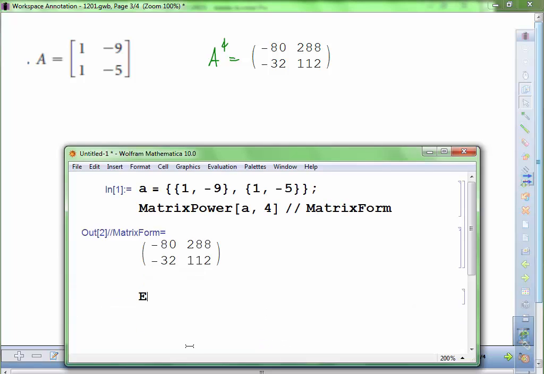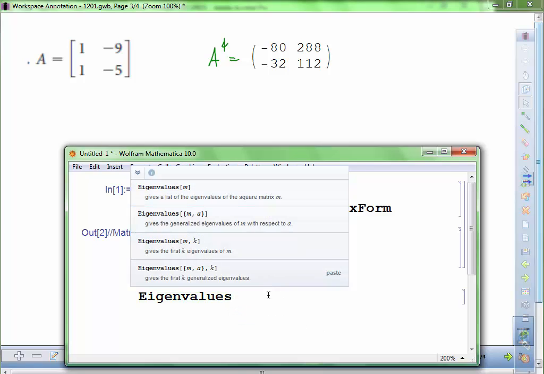So let's find the eigenvalues. Before we find the eigenvalues, what should we expect the eigenvalues to be? The same? No, the eigenvalues to the power. To the power. So what's 2 to the fourth power? 16. What do we need for this? We just need the matrix.